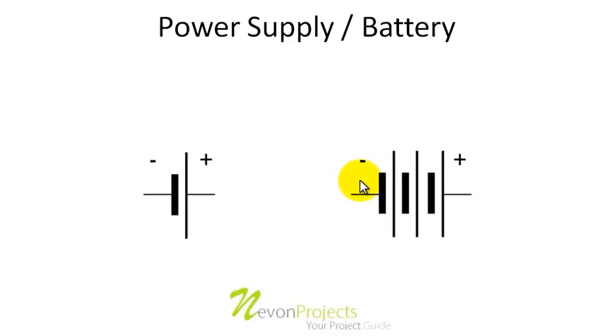So this is how a battery is symbolized: the positive of a cell is connected to the negative of the other one, and similarly the other cells are also connected.